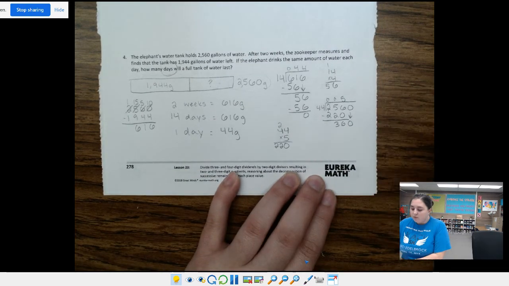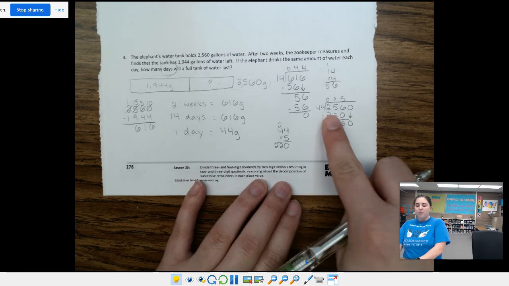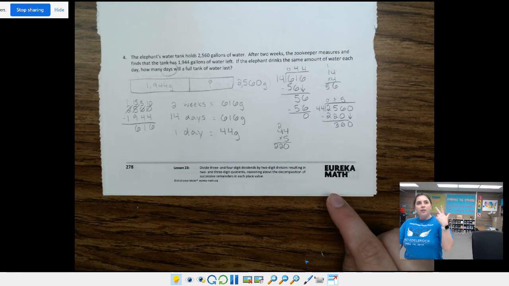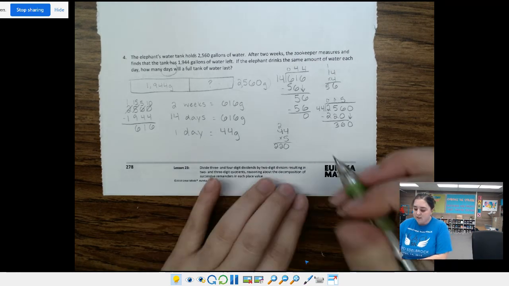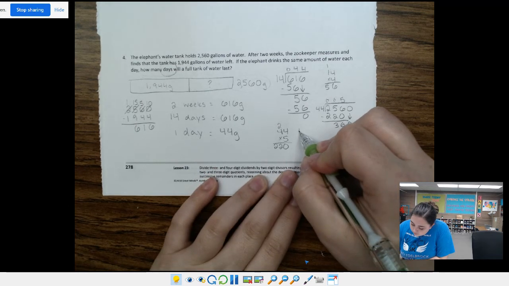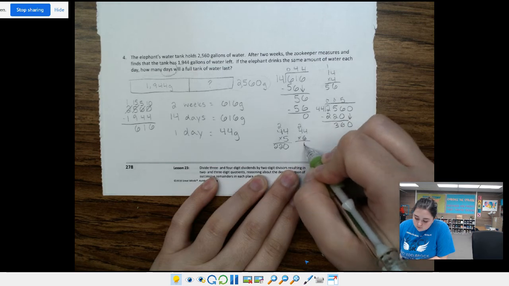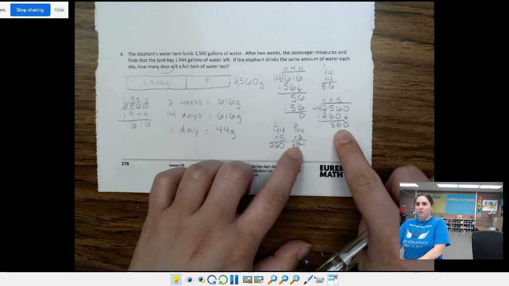Bring down our 0. Now, how many times do I think it could go into 360? Again, I'm going to round close to 50. 50, 100, 150, 200, 250, 300, 350. Let's try 6 times. 44 times 6 would be 24. 24 plus 2 would be 28. I think I can go in more.